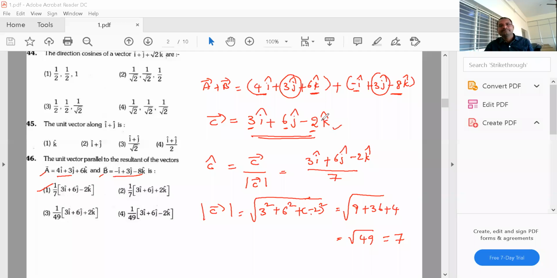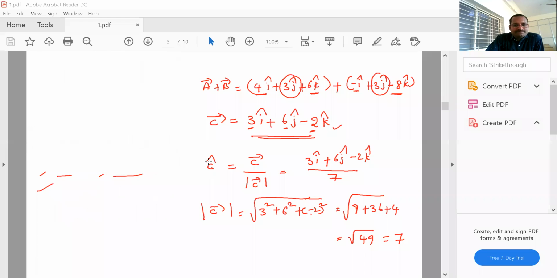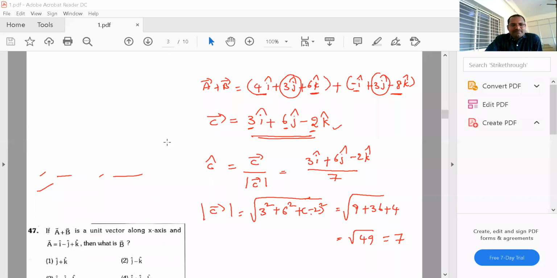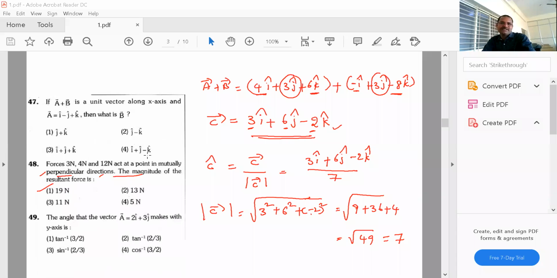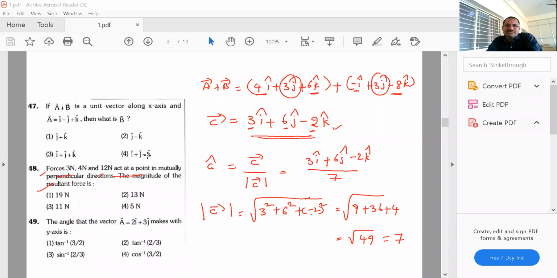Okay, clear students? Yes, time is up. Time is over. Let us do the remaining problems in the next class. If you understand this and do all these problems, then I'll go to the motion in a plane chapter from the next class.